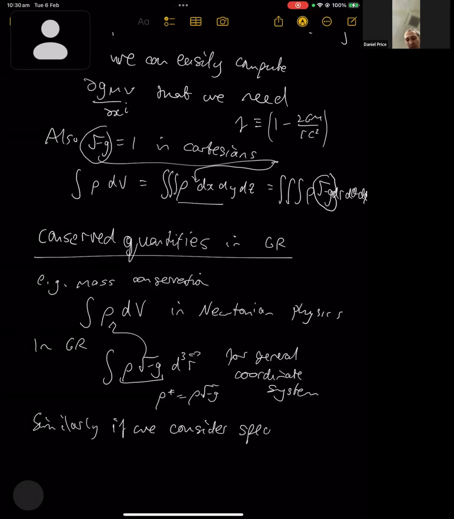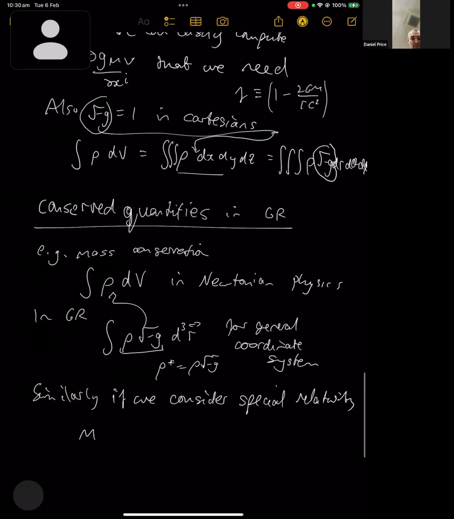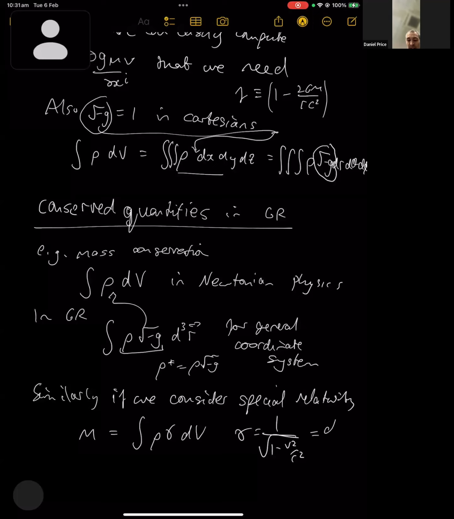If we consider special relativity, then the conserved mass would be something like the integral of rho gamma dV, where gamma is the Lorentz factor, 1 over the square root of 1 minus v squared over c squared. And that in GR is equivalent to this dt d tau.